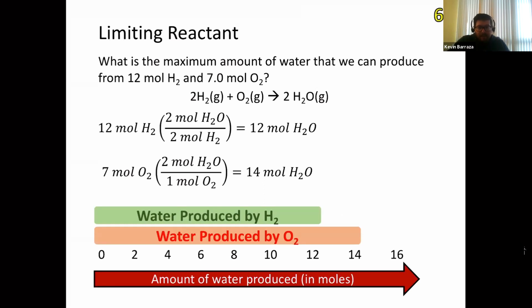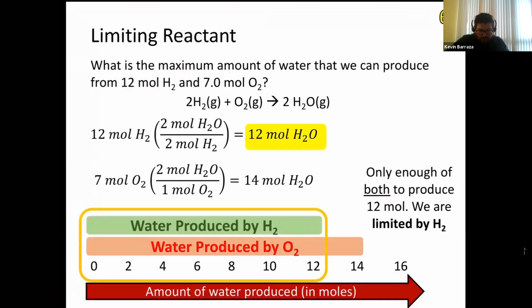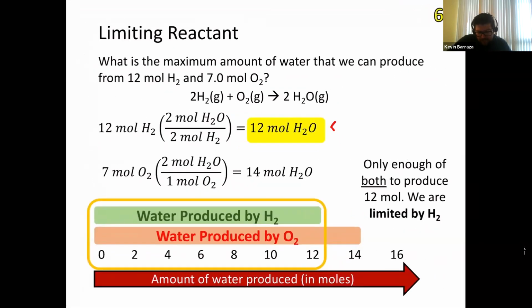Much like the bicycle analogy, where we only have enough wheels to make a limited number of bikes, in the same way, we only have enough of both ingredients to produce the smaller amount of water. So we would say, this is how much water I expect to make.